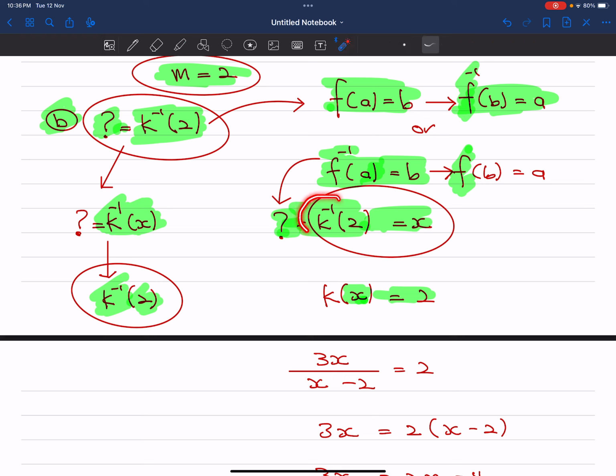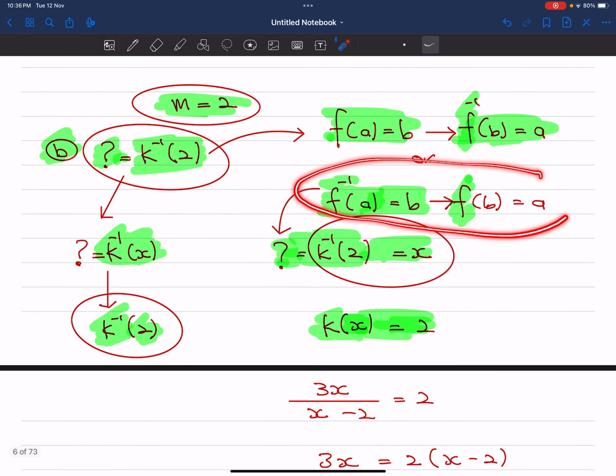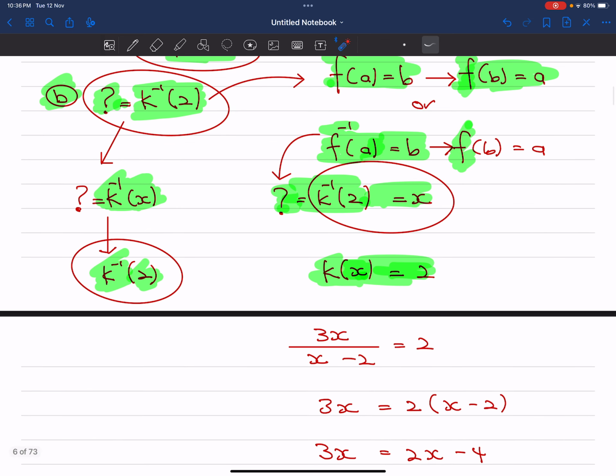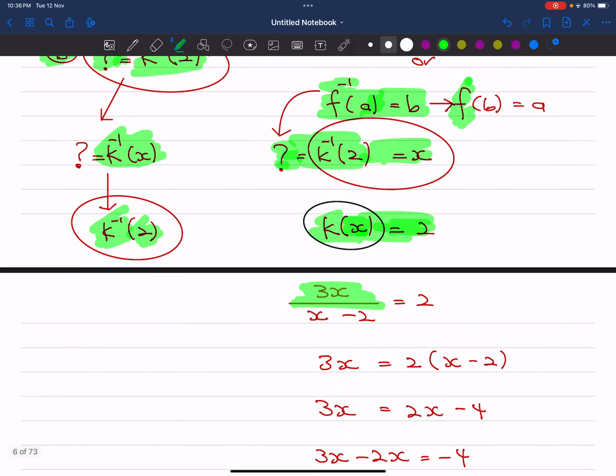The k inverse becomes k, which I've already explained. So, k inverse becomes k when you exchange object and image. And since this is the k function, I use the k function: 3x over x minus 2 equals 2.